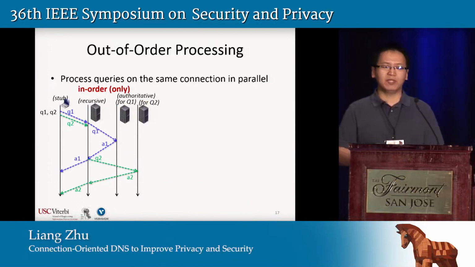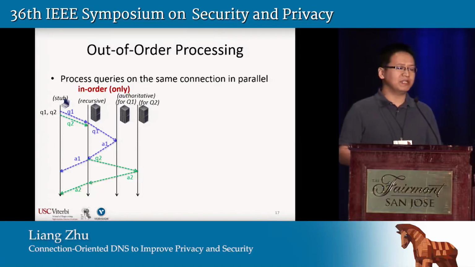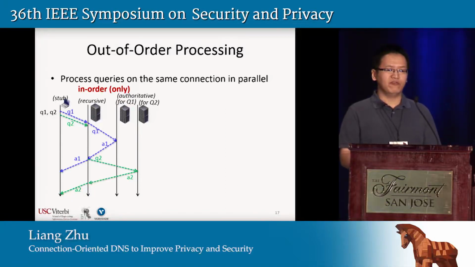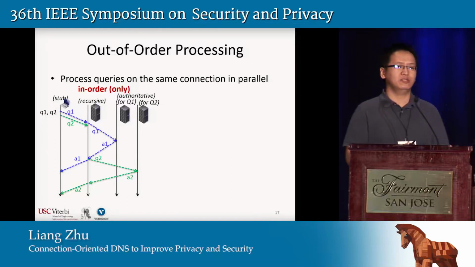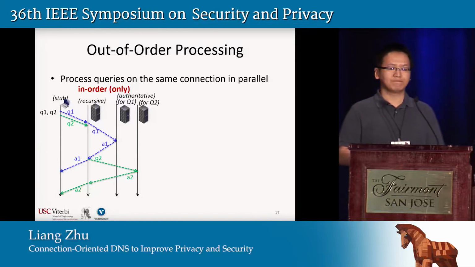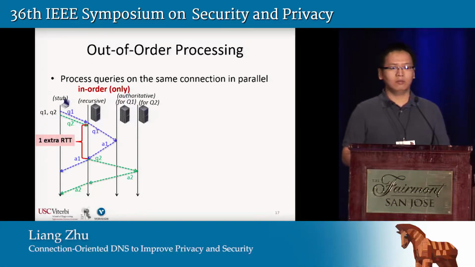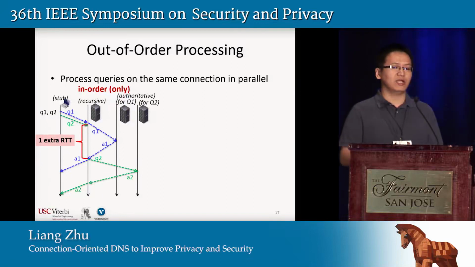The final implementation choice is out-of-order processing. By default, all server implementations process queries in order for TCP connections. If a server gets multiple queries, it will process them in order, and this causes the same RTT problems as we talked about before.